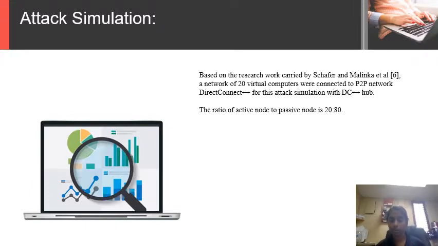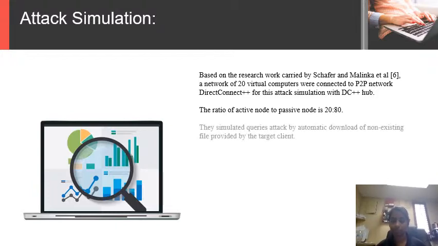The ratio of active nodes to passive nodes is 20:80. As I said earlier, an active node is a node with a public IP address, and a passive node is a node without a public IP address. In that, active nodes will hold the resources in the peer-to-peer network.